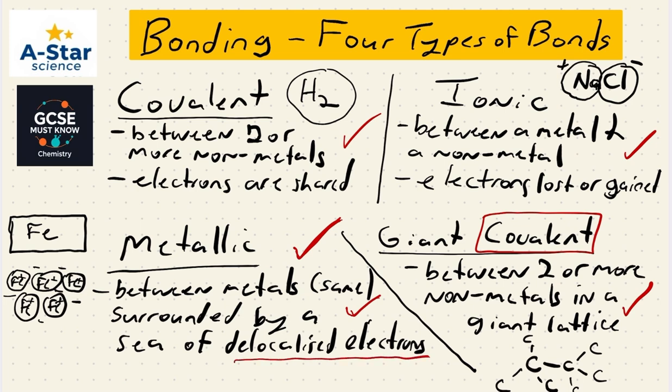And giant covalent has a very high melting point, and only diamond and graphite. Graphite is the only one that will conduct electricity. Make sure you study these, in particular the properties of the bonding, whether they conduct electricity and what the melting and boiling point is like, because they love to ask you this topic in the exam.